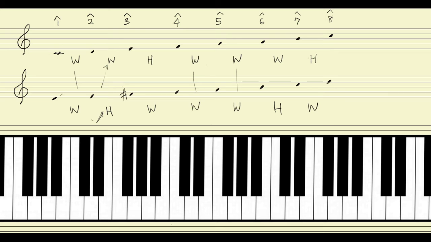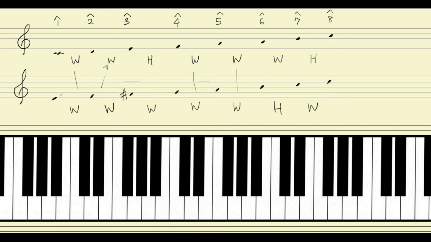And look at what we've done. We've actually solved two problems here. Not only did we make this E to the F sharp from a half step into a whole step, but look at this. We had a whole step from F to G, and we needed a half step. And guess what?